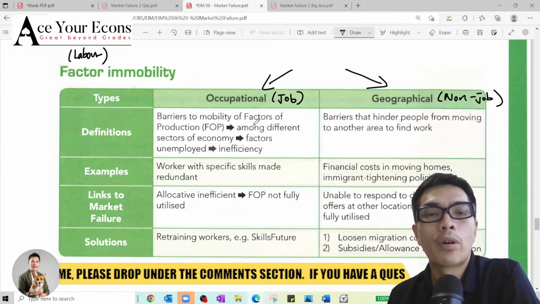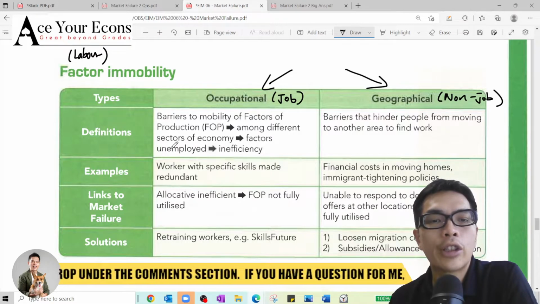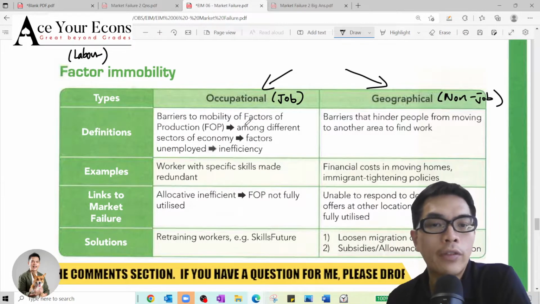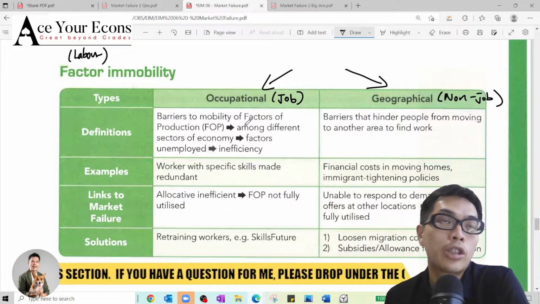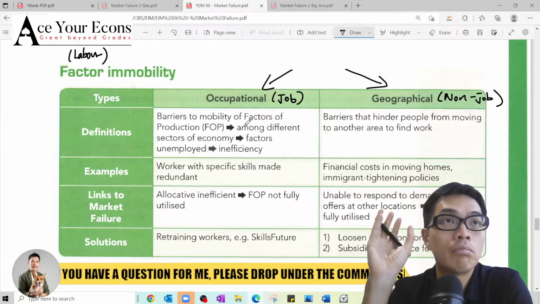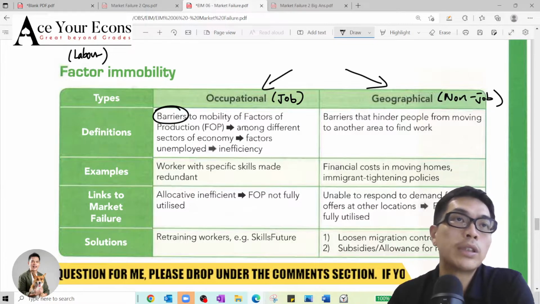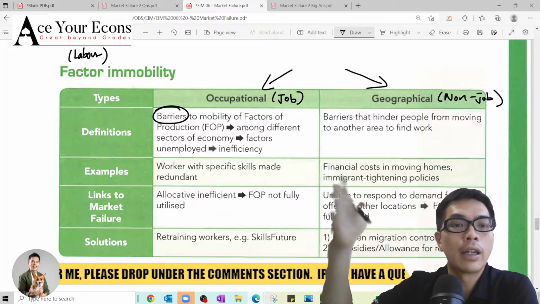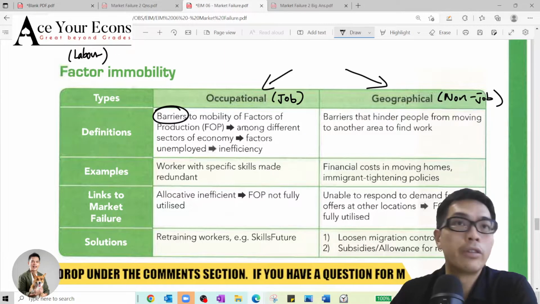Now let's look at the more prominent one. What does occupational immobility mean? If you read the definition, it tells us that there are barriers for FOP to move across different sectors due to a particular concept we call job skill mismatch. Let me repeat, job skill mismatch, especially prominent among labor. The barriers we encounter here are inadequate skill sets. For instance, right now the up and coming things are what? Coding, right? Or cryptocurrency.